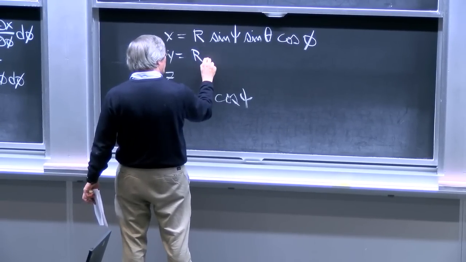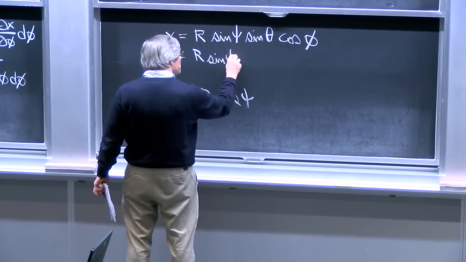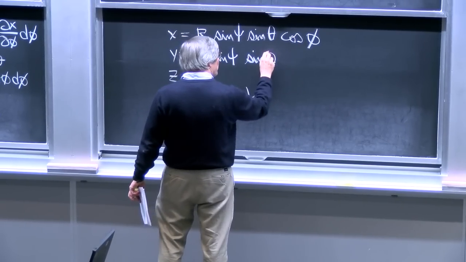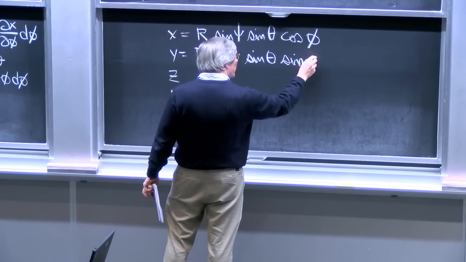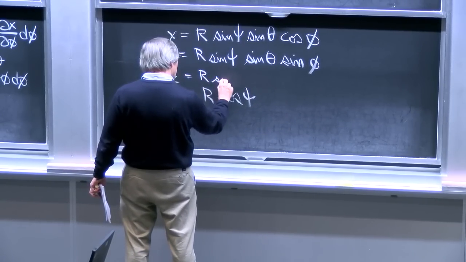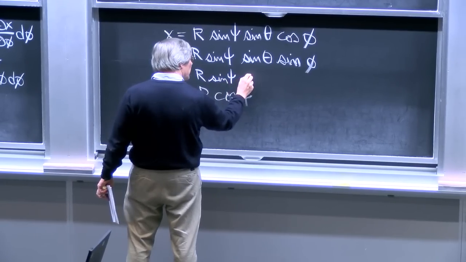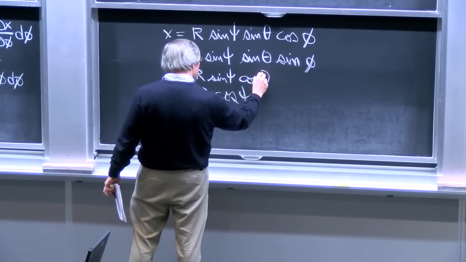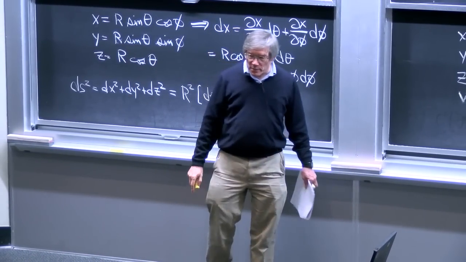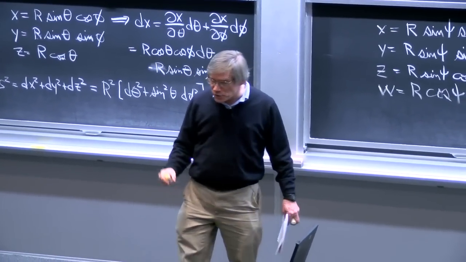Y is equal to r times sine psi times sine theta sine phi. And z is equal to r times sine psi times cosine theta. So I just take each of these equations and multiply them by sine psi to get the new equations.